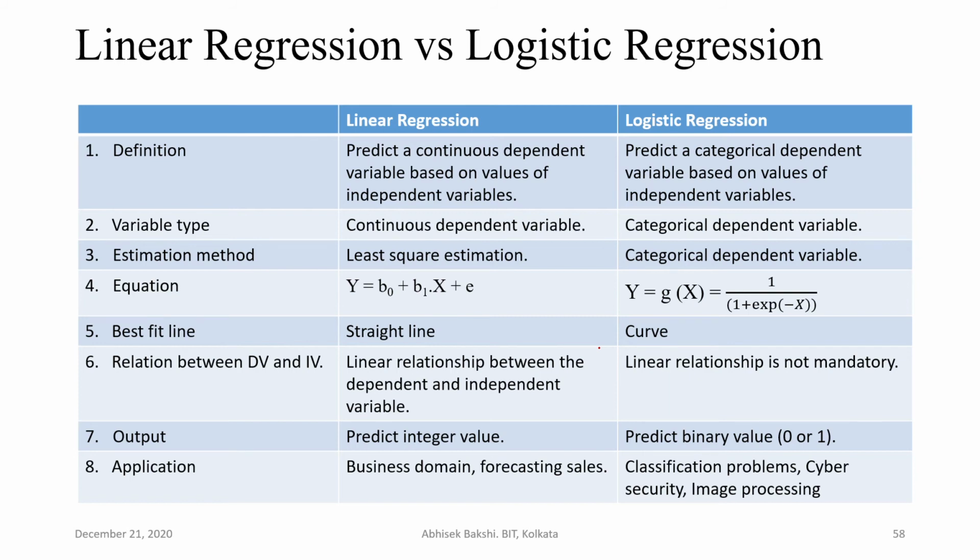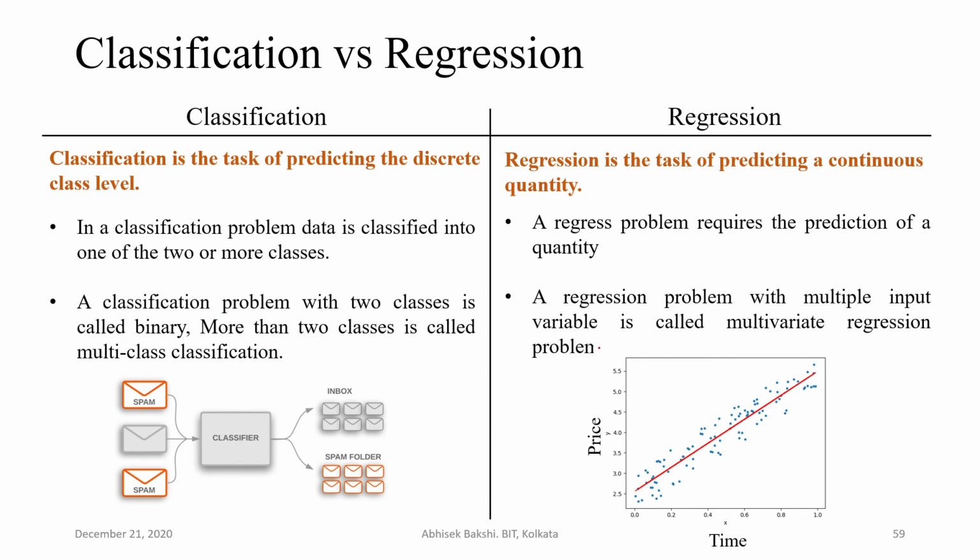Okay, and now let's come to the difference between classification and regression problems. Classification is the task of predicting a discrete class label, whereas regression is the task of predicting a continuous quantity. In a classification problem, data is classified into one or more classes, whereas in a regression problem it is required to predict a quantity.